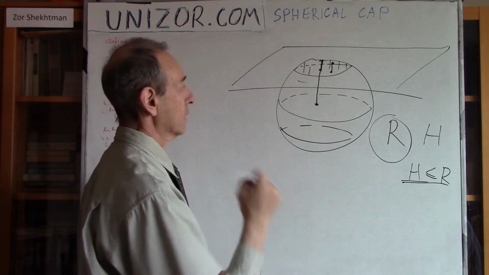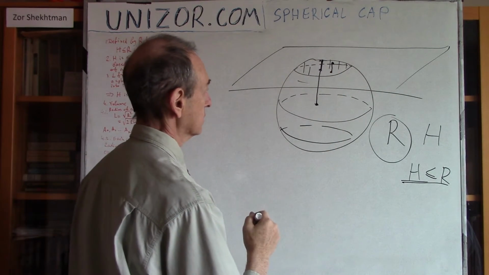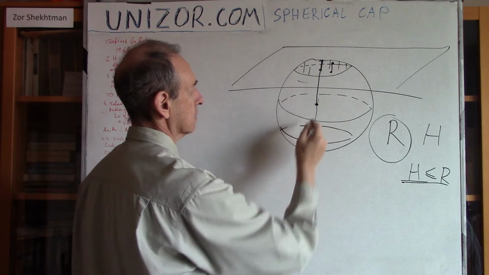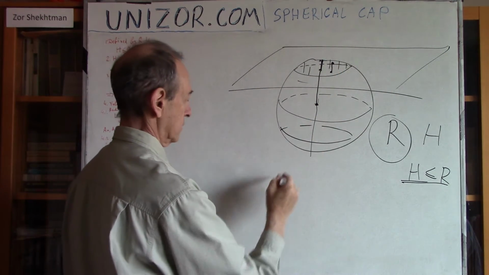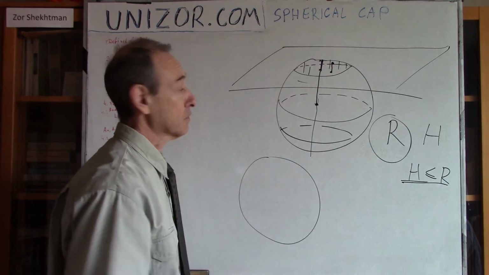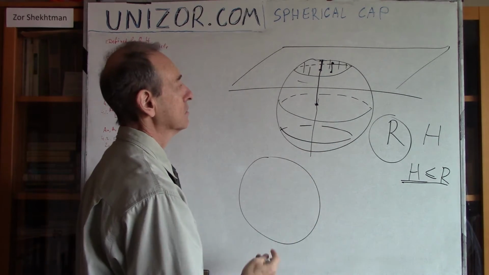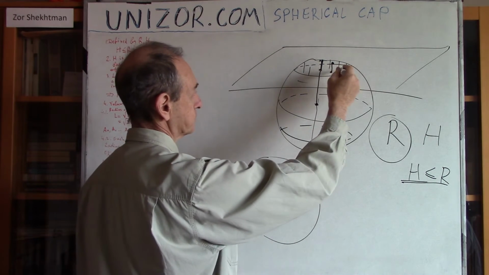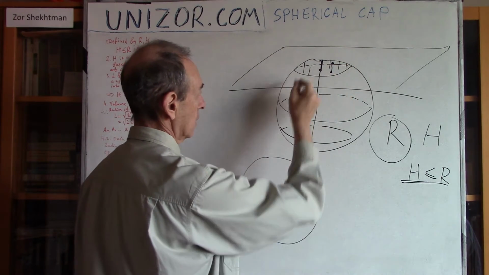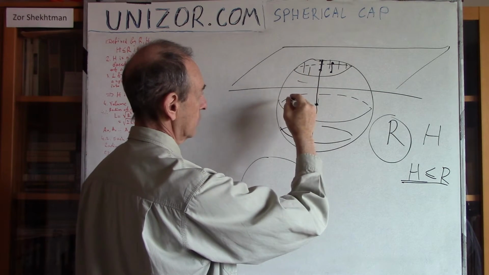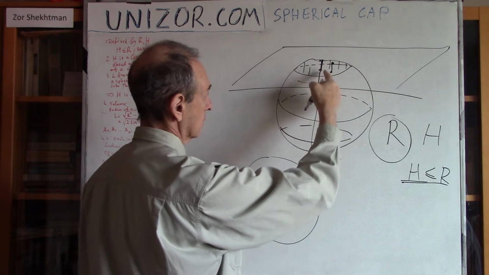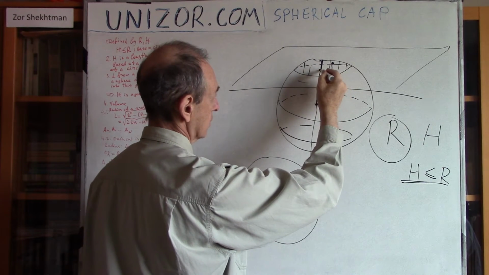So what will we have as a result of this cut? The plane goes through the center, so from the whole sphere we will have a circle, right? And also it will cut along some line from here to here.